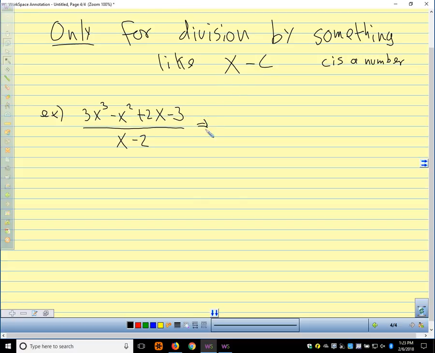So we just take the coefficients in front of my variables: 3, negative 1, 2, negative 3. I usually write the division upside down. And we take this number, x minus whatever, and put that number there.